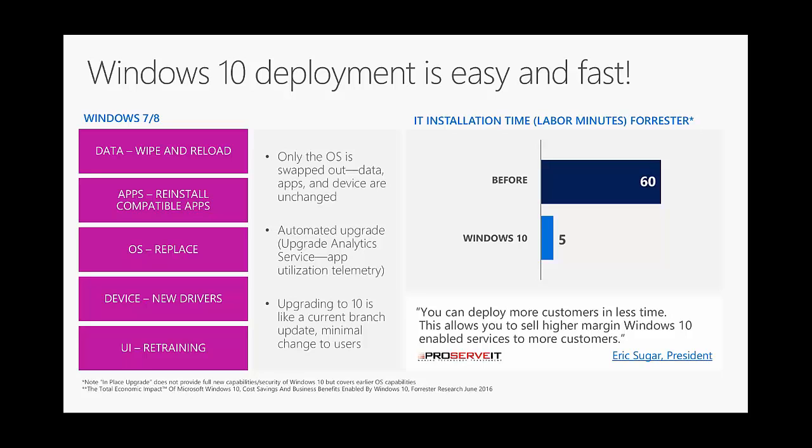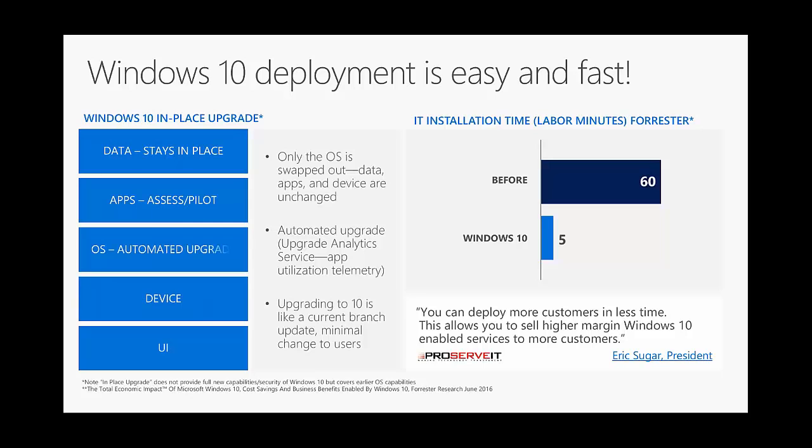So the new option for Windows 10 is everything stays in place. You can automate the upgrade process, check device compatibility, test the apps, and there are analytical tools that you can use that I'm going to be covering. And the UI, like I mentioned, is very familiar to the users. So it's a very easy transition. And like I said, I'm going to cover the different models and how you can utilize and get to Windows 10.